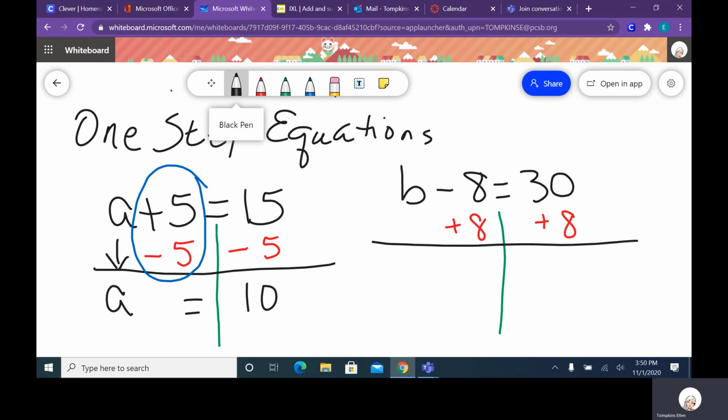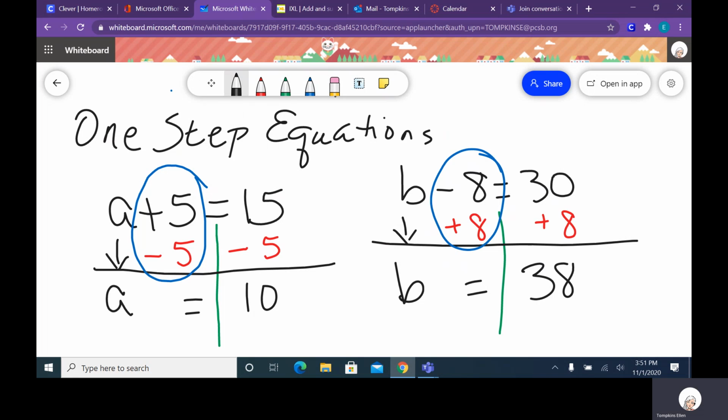That's why everything has to be the same on both sides. That positive 8 showed up in both places. These zeroed out, so they're gone. B drops down, and positive 30 and positive 8 will give me 38. No big deal. These ones are really simple, and they're going to be simple like that for a while.